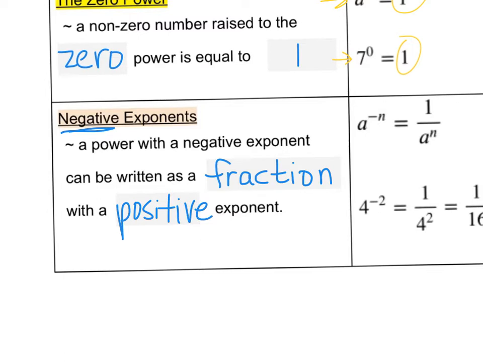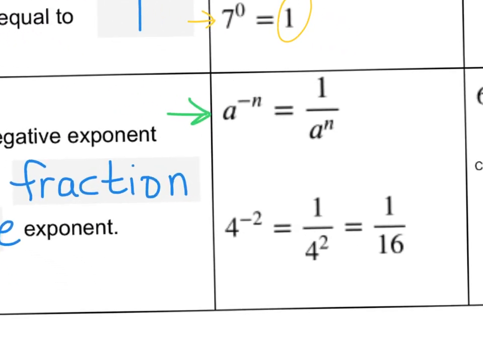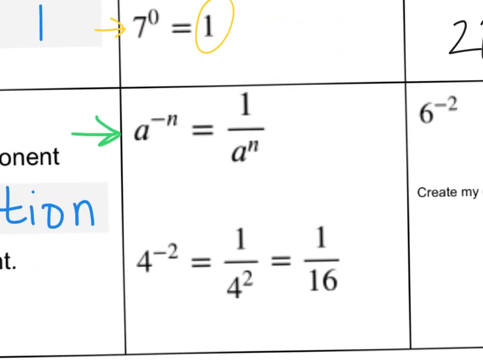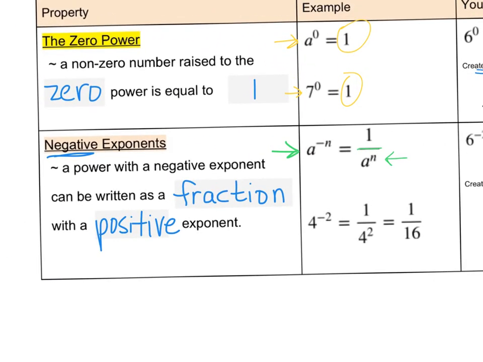So this is a bit challenging. Let's take a look at the rule. So here we have a base of a with a negative exponent, so a to the minus n, that means any negative number, and we make it into a fraction, so it's 1 over a to the positive exponent. Okay, so you rewrite it as a fraction with a positive exponent.